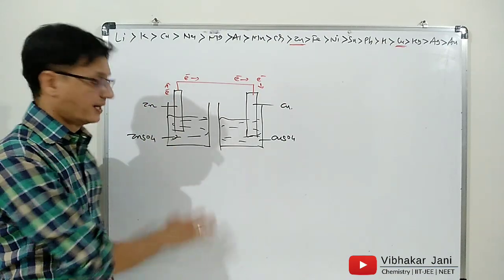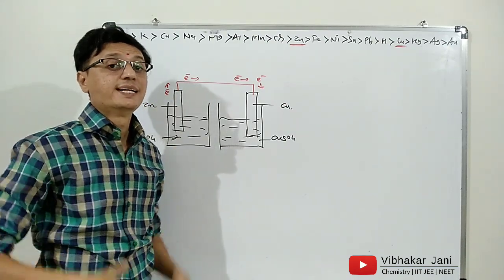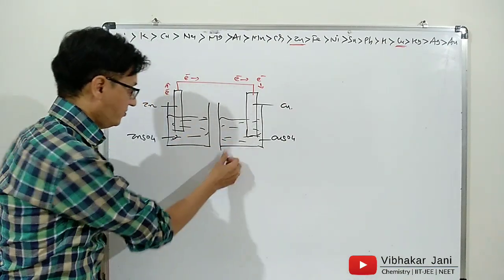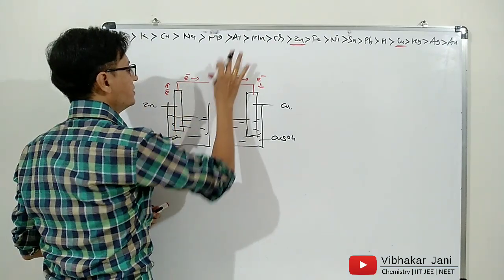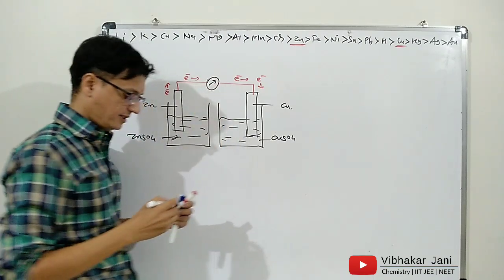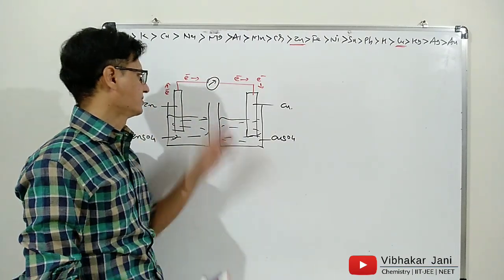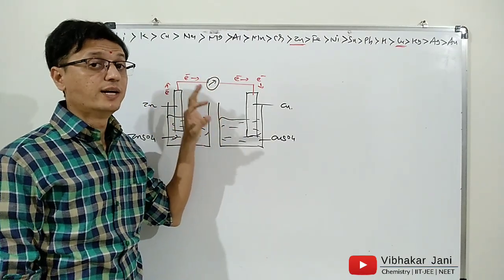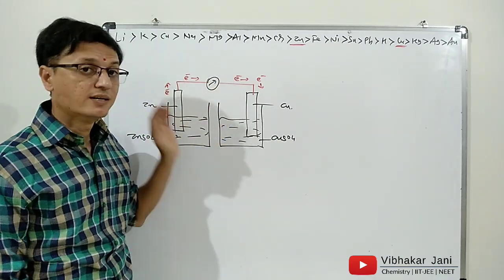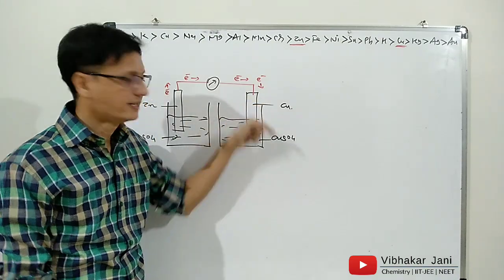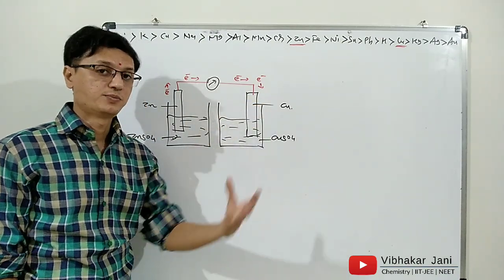So now this cell has started producing electric current, and we can use this current by putting some device in between here. This is the galvanometer, or you can attach any lamp over here. The lamp will be lit because electrons are moving in a definite direction, so electric current is produced.